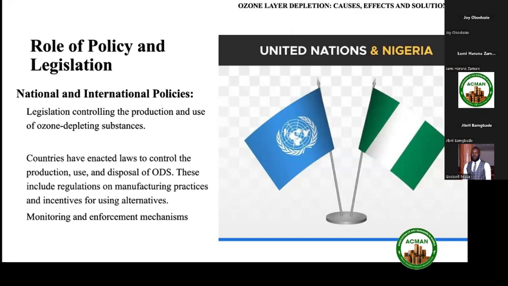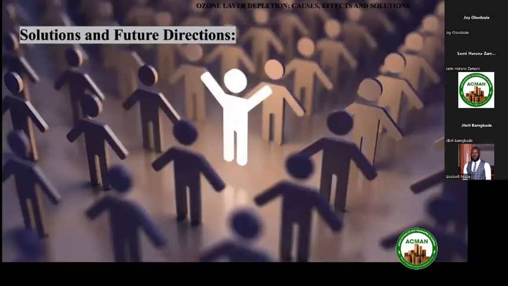I think NESREA is standing in for Nigeria, for most of our environmental laws and what have you. So these national laws and regulations control the production and the use of ozone depleting substances in each country, helping us to reduce its effect on the ozone layer.